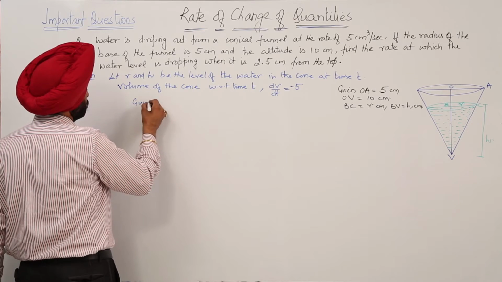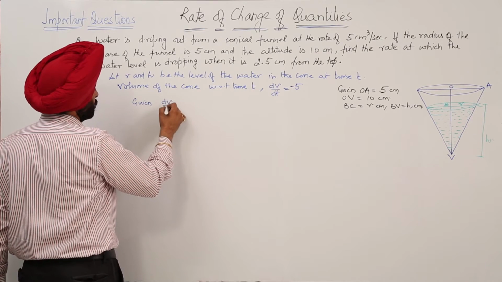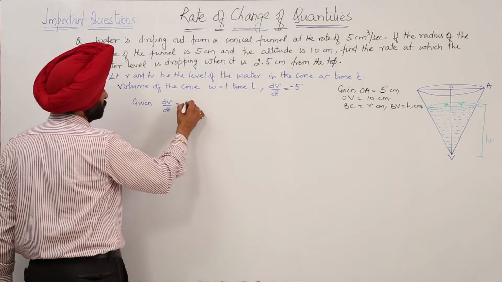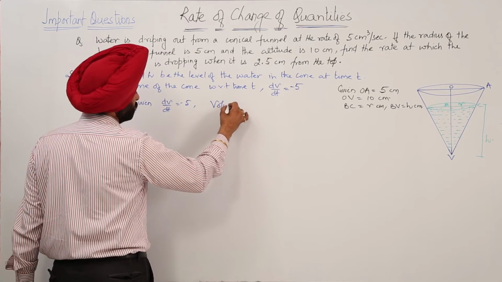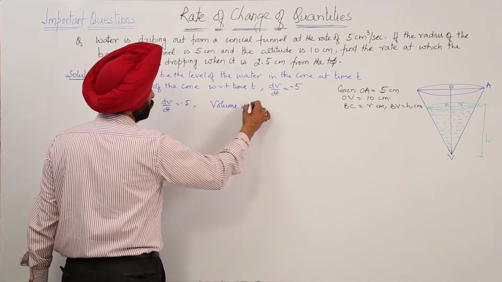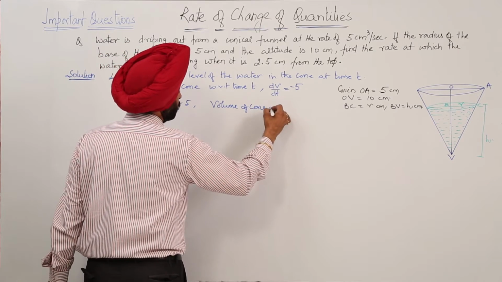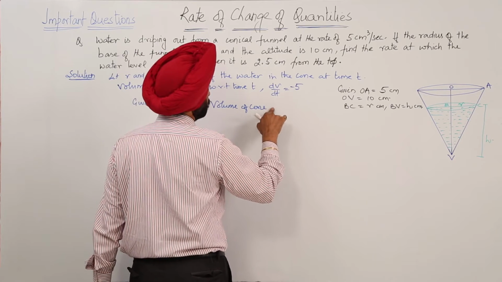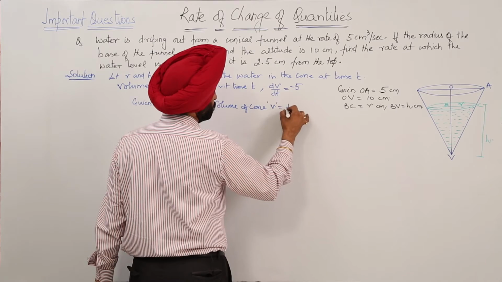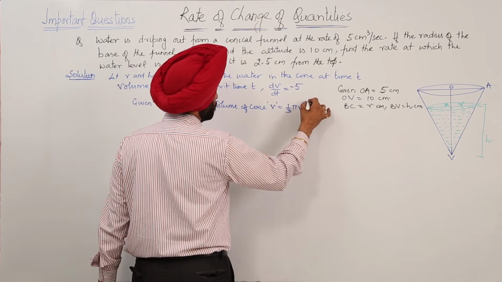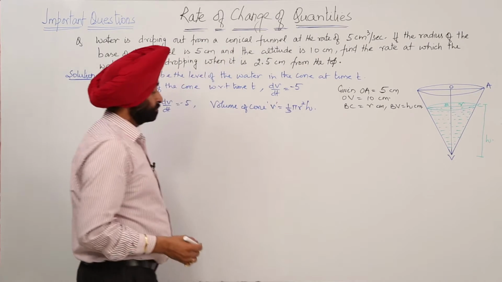Given dV by dt is equal to negative of 5 and volume of cone V is equal to 1 upon 3 pi r square h.